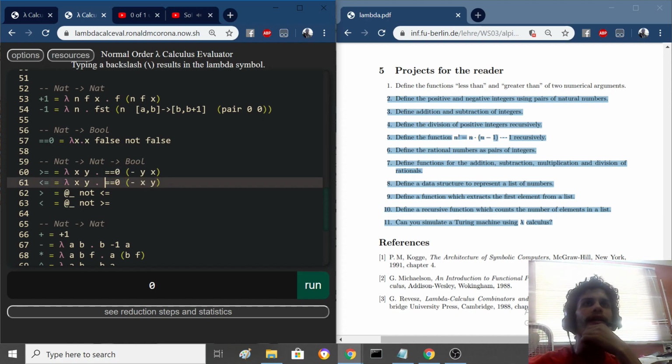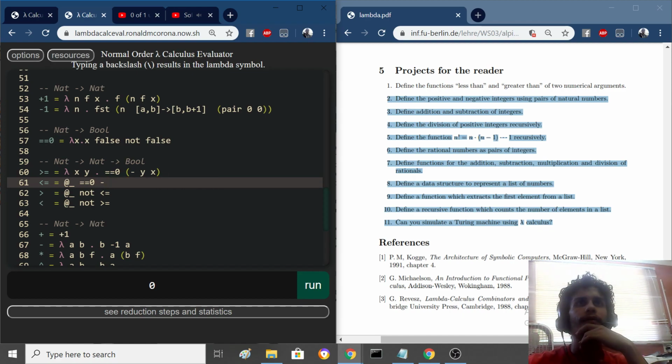Yeah, so look at this. We have equals 0, and then this, and then the x and the y. So maybe what we could do is compose the function equals 0 over the function minus.